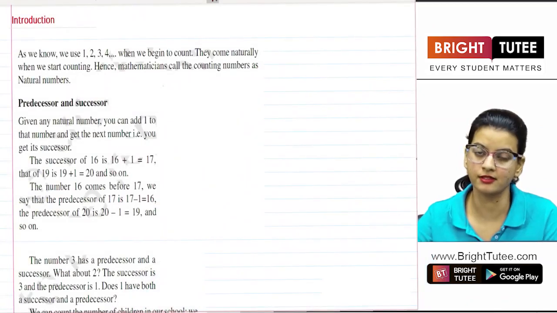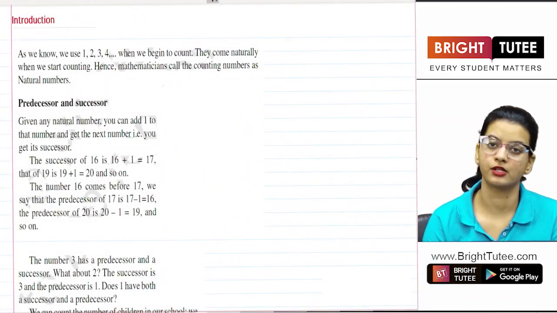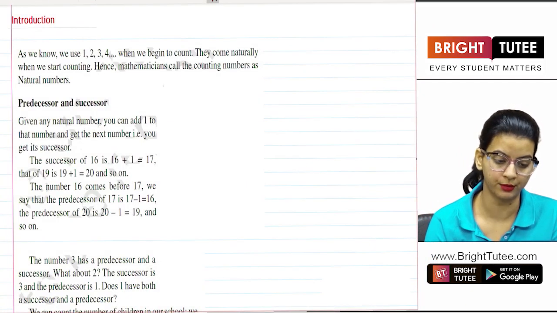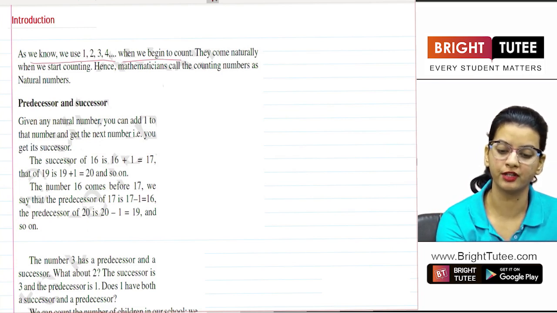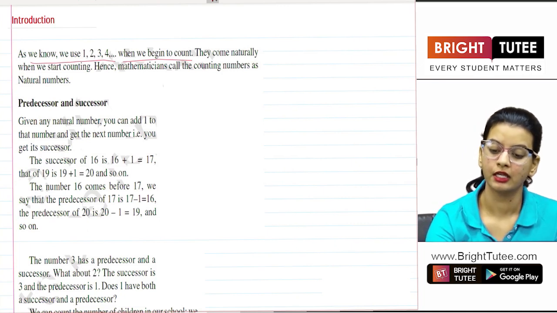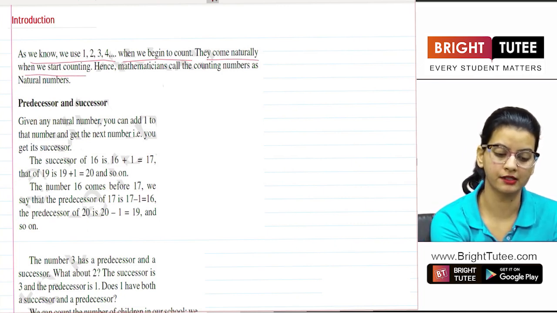Hello students, today we are going to start a new chapter of grade 6 mathematics, that is whole numbers. Let's study the introduction of whole numbers. As we know, we use 1, 2, 3, 4 when we begin to count, right? They come naturally when we start counting.